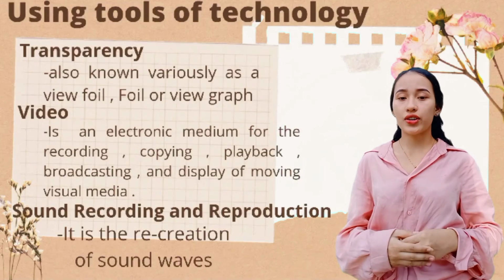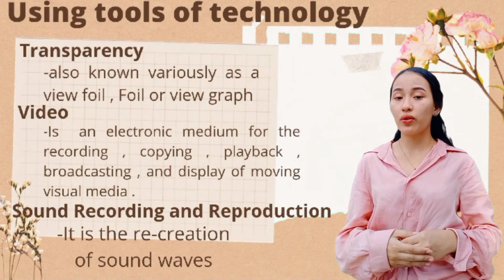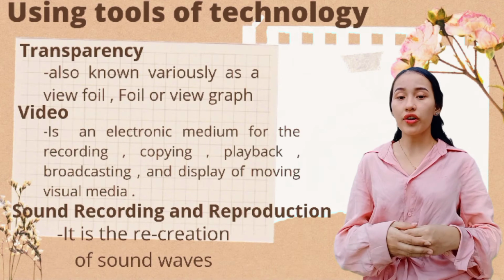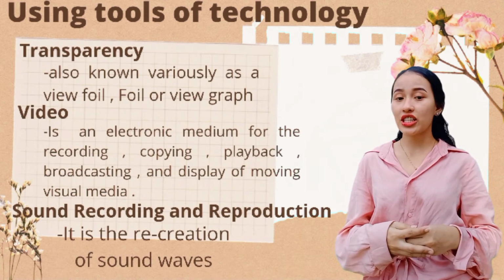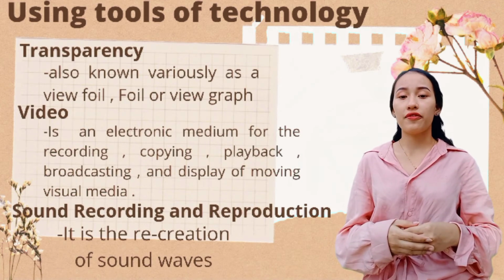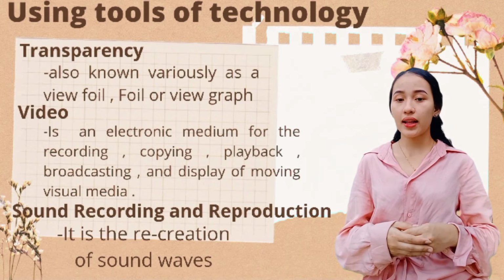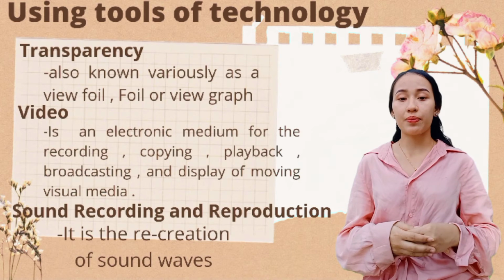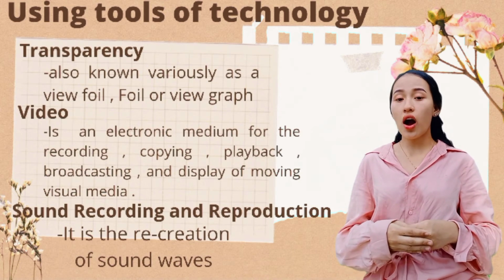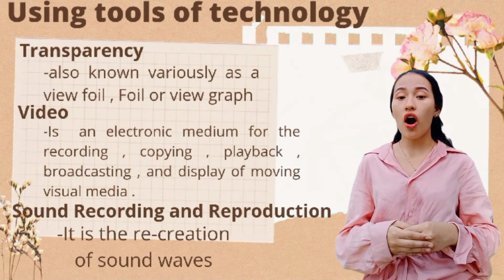Transparency, also known variously as a view foil or view graph, is a thin sheet of transparent flexible material, typically cellulose acetate, onto which figures can be drawn. These are then placed on an overhead projector for display to an audience.